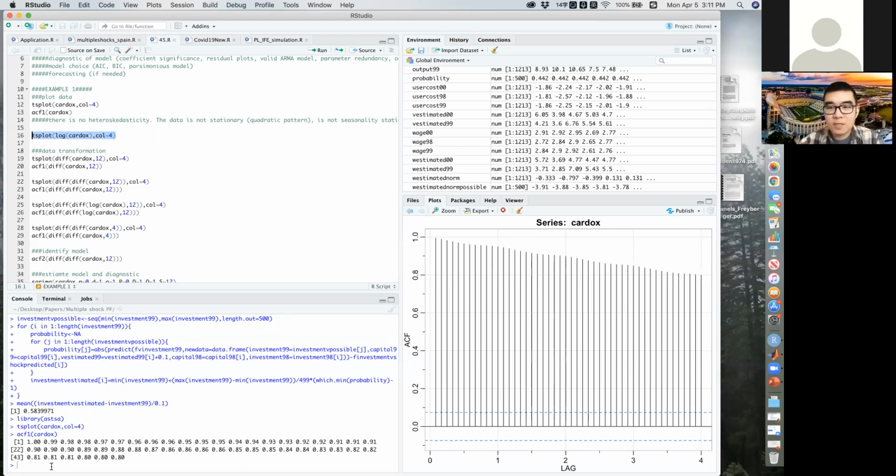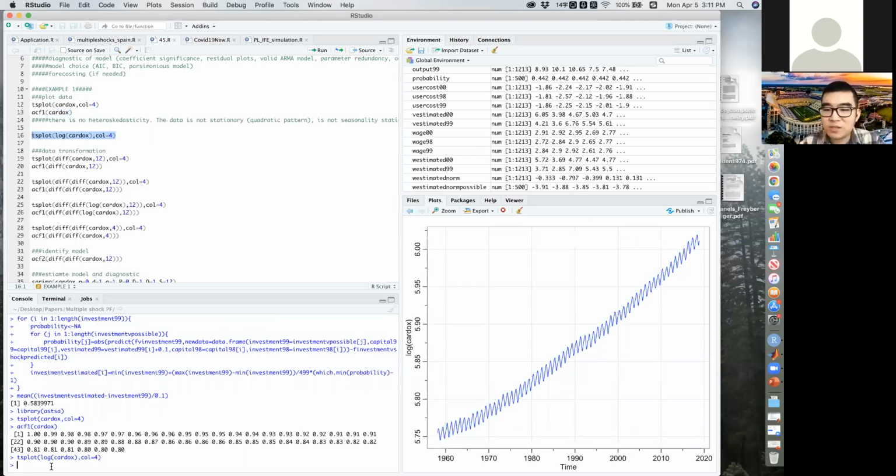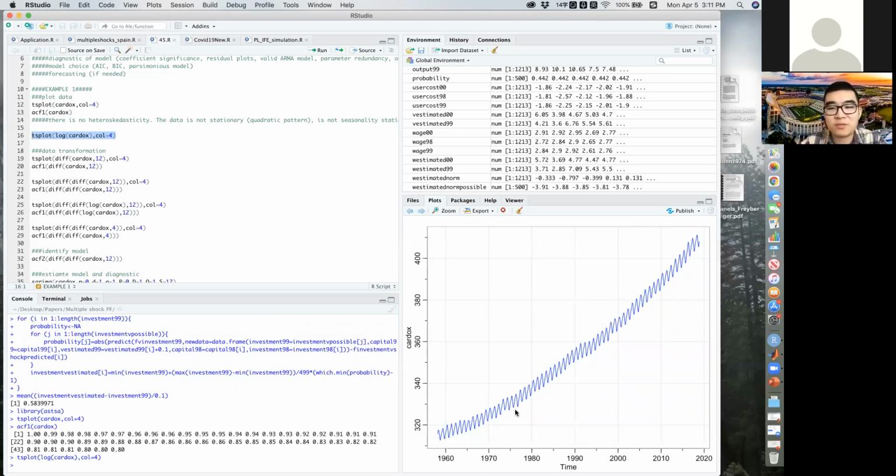So let's first do this transformation. You can see that after this log transformation, there's not much difference between this plot and the raw plot. This makes sense because by just looking at the raw plot, we do not see much heteroscedasticity.